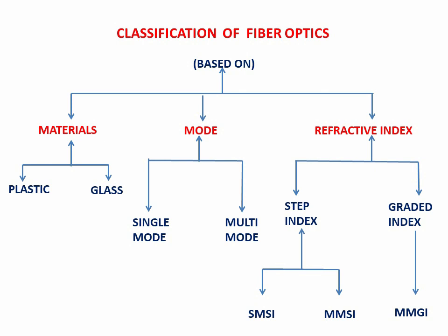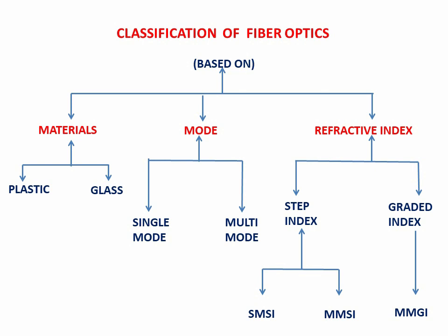We will study plastic fiber and glass fiber later. Mode can be classified into two: single mode fiber optics and multimode fiber optics. Single mode and multimode will be studied shortly.